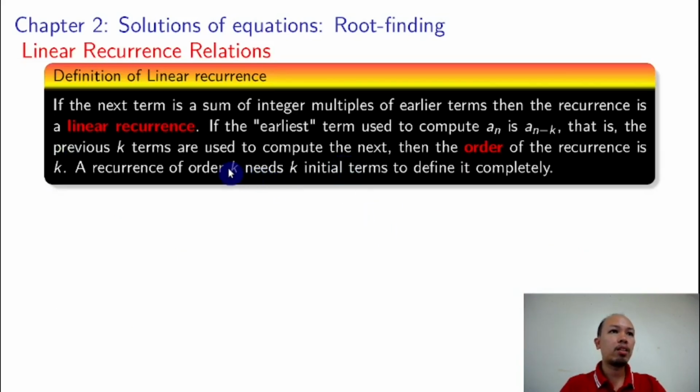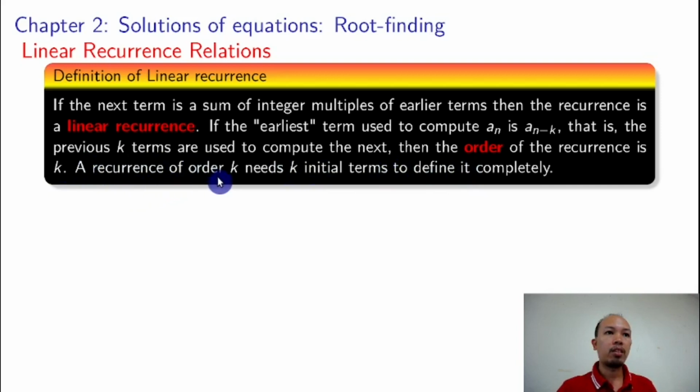But before that, let's define what we mean by linear recurrence. It says here that if the next term is a sum of integer multiples of earlier terms, then the recurrence is a linear recurrence relation. Further, if the earliest term used to compute a sub n is a sub n minus k, that is, the previous k terms are used to compute the next term, then the order of the recurrence is k.